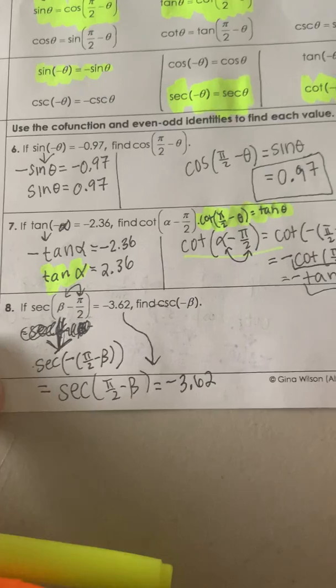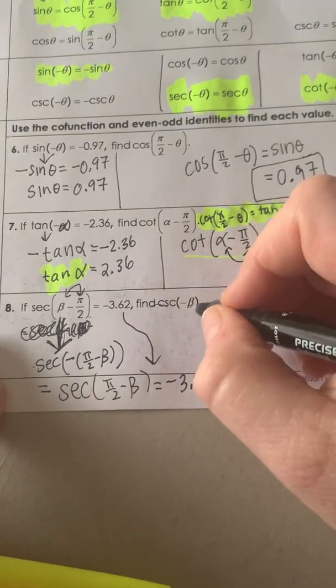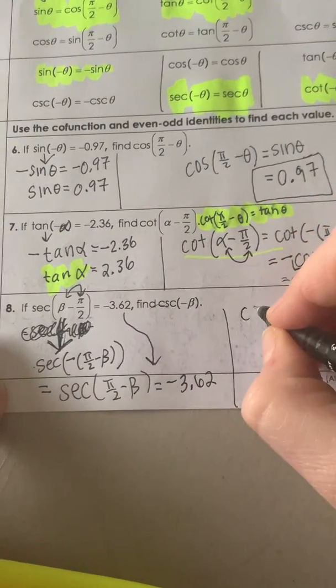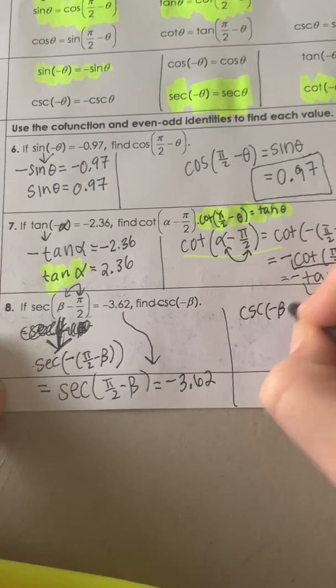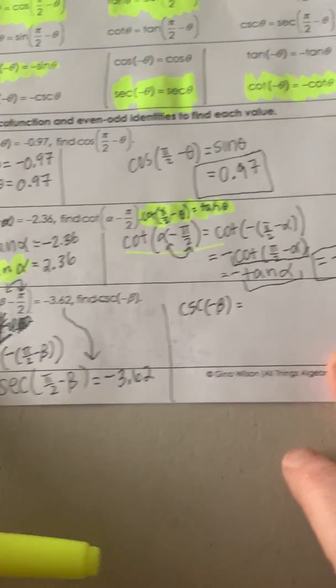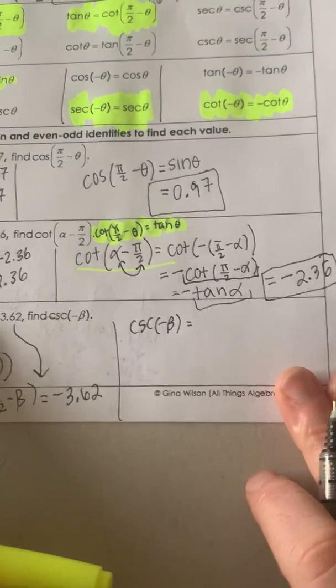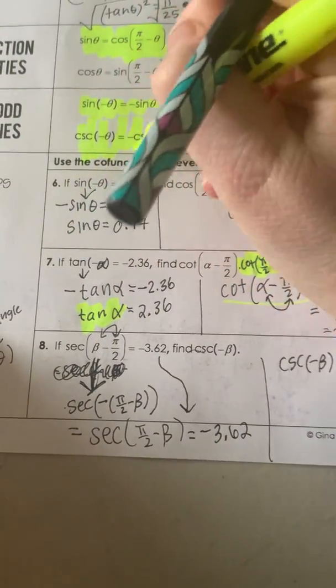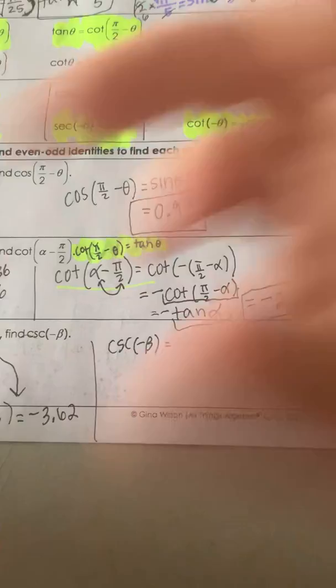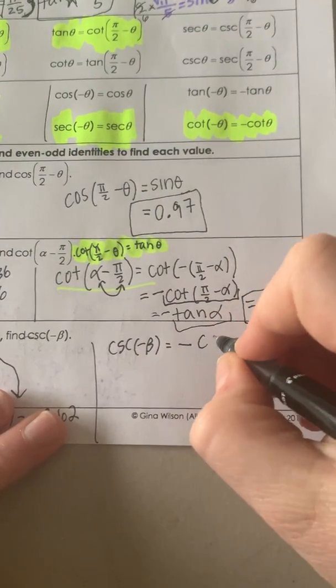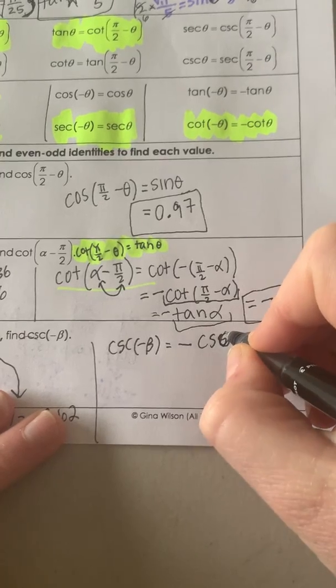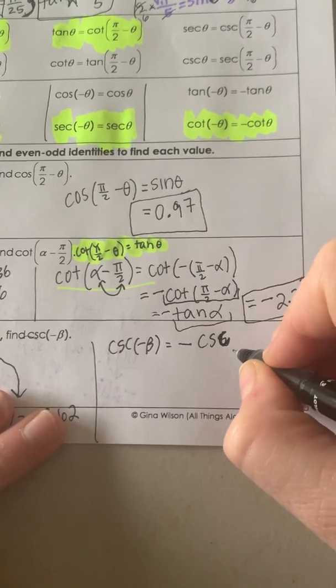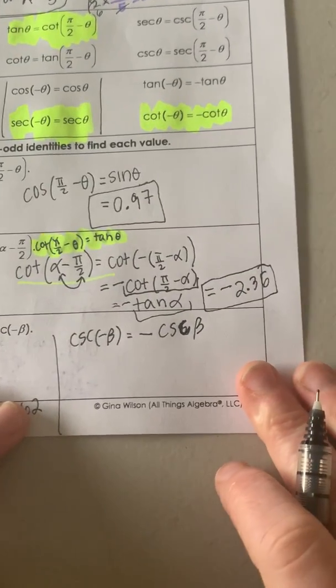All right, so we want to find cosecant of negative beta. Let's deal with that now. Cosecant of negative beta comes from here. It's negative cosecant theta. So it's the same thing as negative cosecant beta.